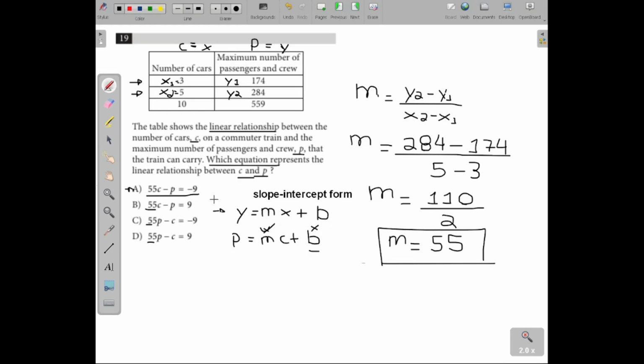Now we can find b. Let's use these 2 points and replace in the slope-intercept form. So P is equal to 174, the slope is 55, C is equal to 3: 174 is equal to 55 times 3 plus b. 55 times 3 is 165, plus b.